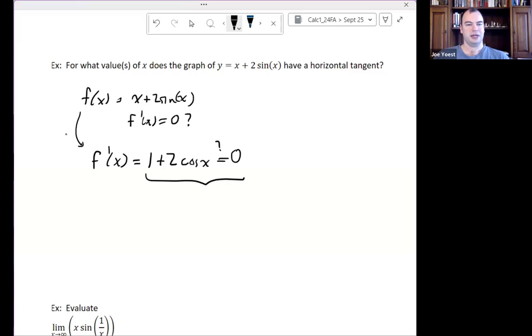So it's quite often the case that we do a lot of non-calculus to set up the problem, we do maybe one step of calculus, and then we do a lot of non-calculus to simplify things or to finish off the solution. So for instance, we need to be able to solve this trig equation, 1 plus 2 cos x equals 0. Or this tells me cos x equals -1/2.